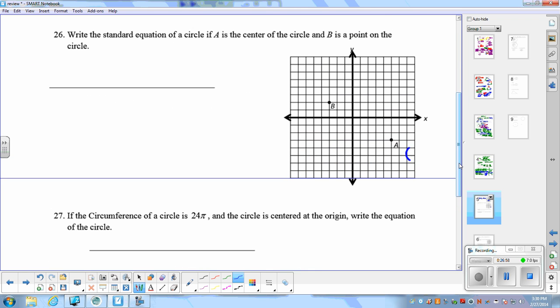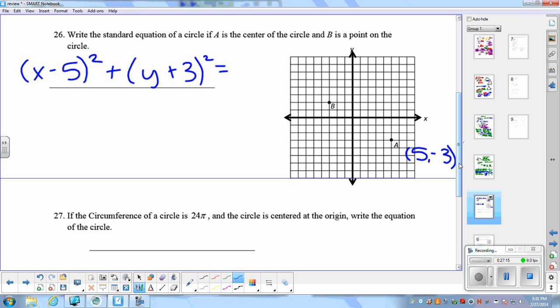I know that A is my center. So A has the coordinates 1, 2, 3, 4, 5, negative 3. So I can start off with writing x minus 5 squared plus y plus 3 squared. This equals, got to figure out my radius. So I have to go down 1, 2, 3, 4, 5. Over 1, 2, 3, 4, 5, 6, 7, 8.